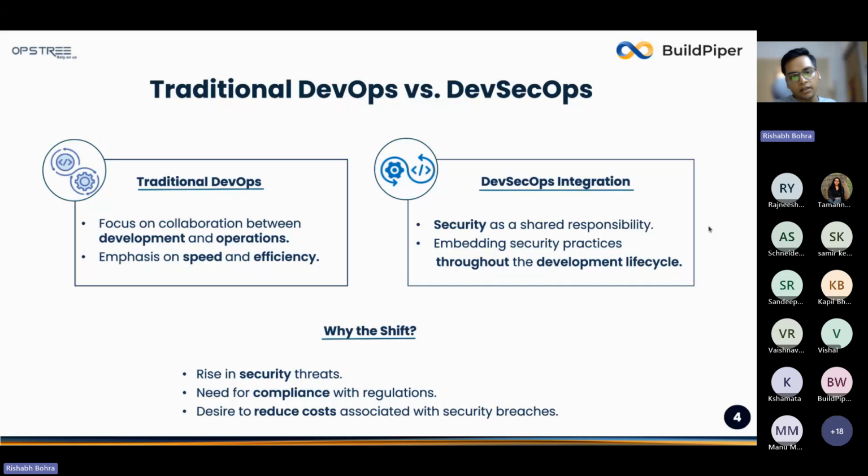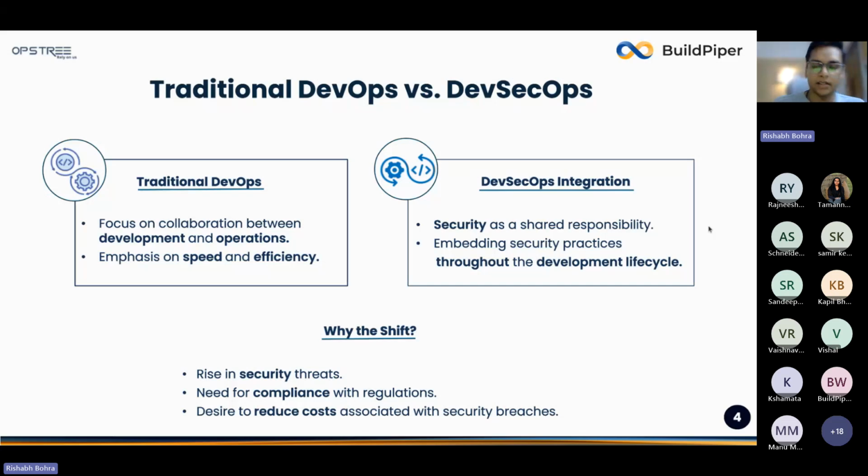And finally, there was also a desire to reduce the costs associated with security breaches. Let's say that you have deployed something on production, and then out of the blue, you do some scanning and some vulnerabilities are identified, for example the log4j vulnerability that created a trend across the world.